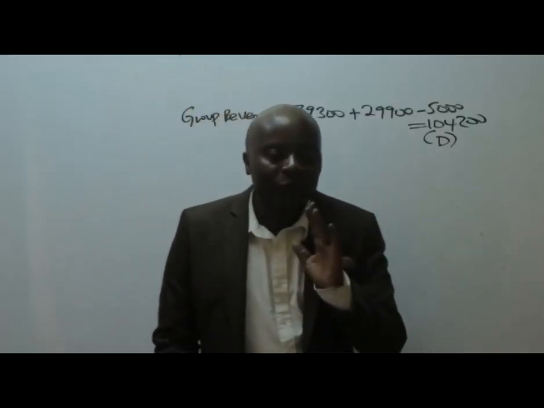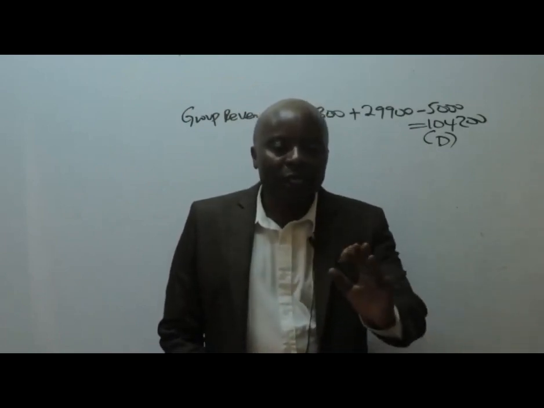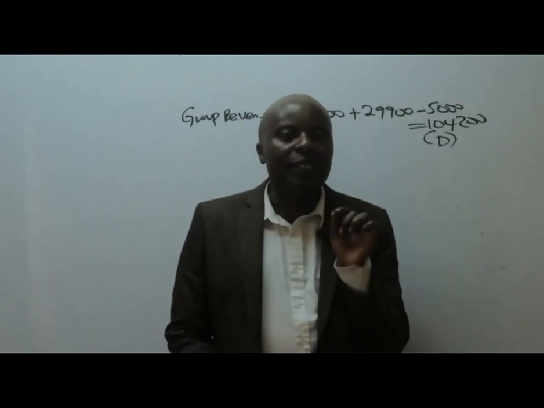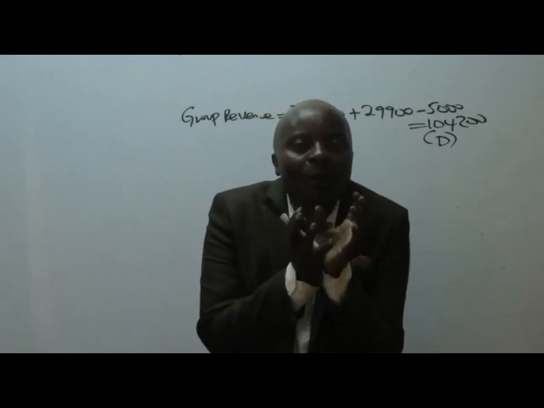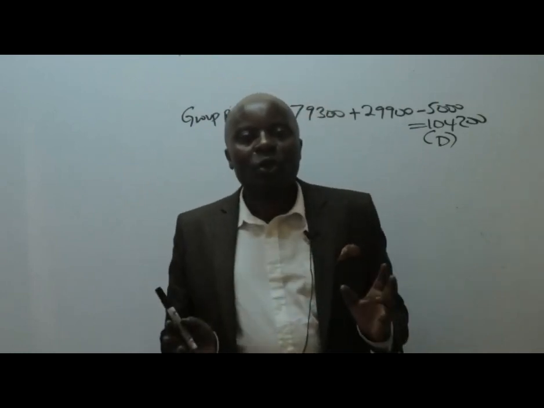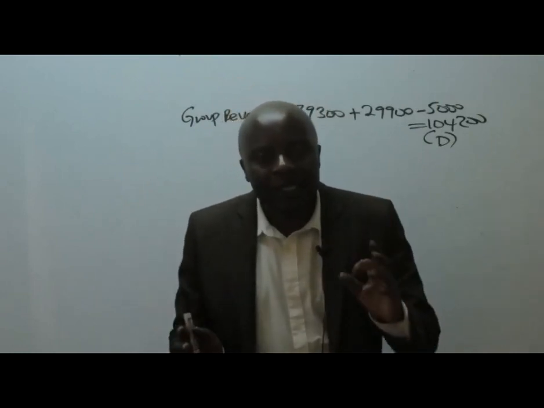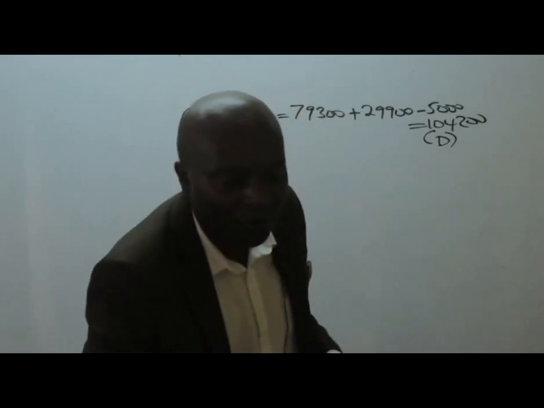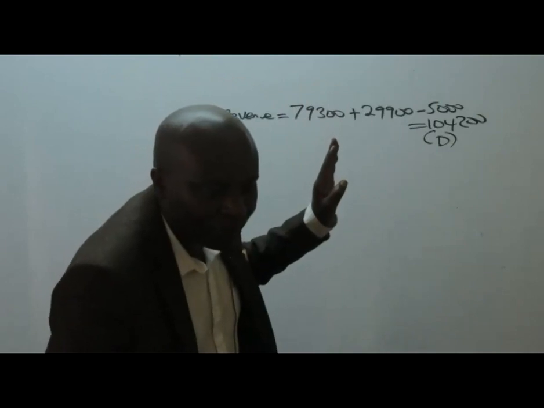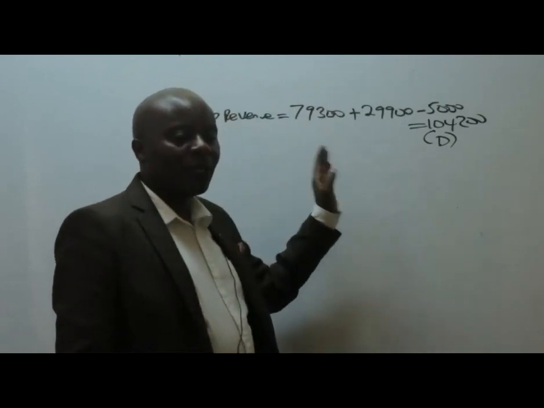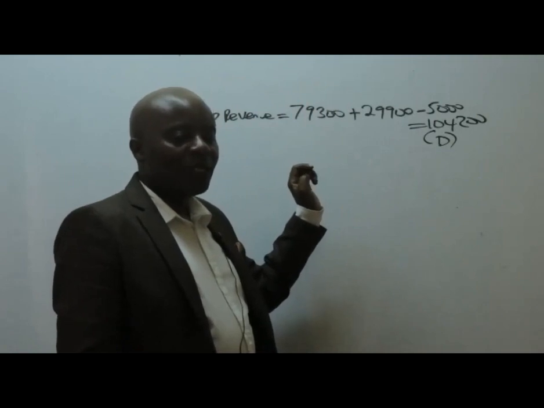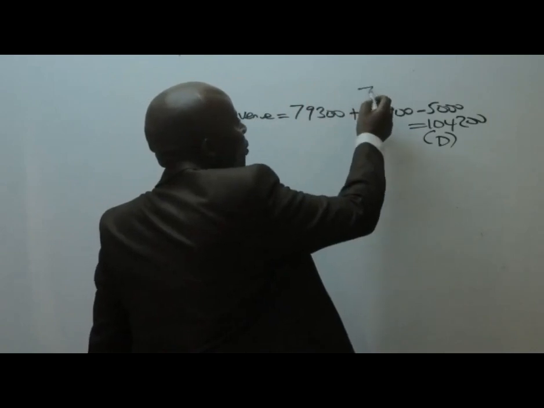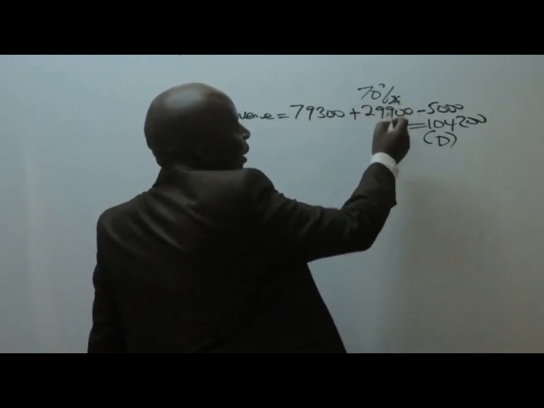When it comes to consolidation, the worst mistake you can make is to take 70% of the subsidiary.